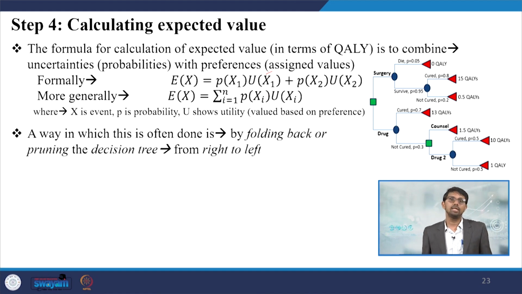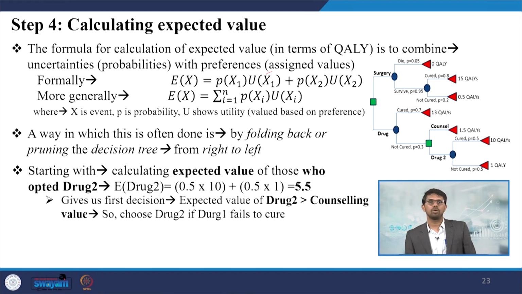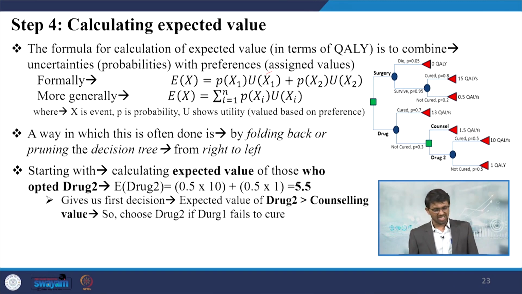A way in which this is often done is by folding back or pruning the decision tree from right to left, starting with calculating the expected value of those who opted for drug 2. So, the expected value of drug 2 is equal to 0.5 times 10 plus 0.5 times 1.